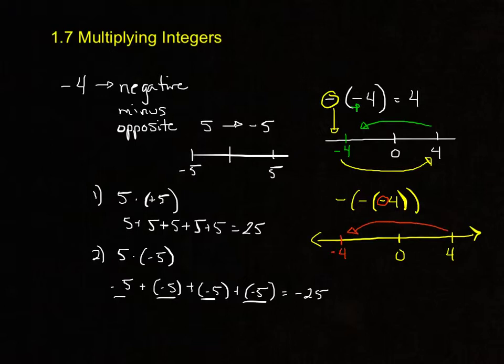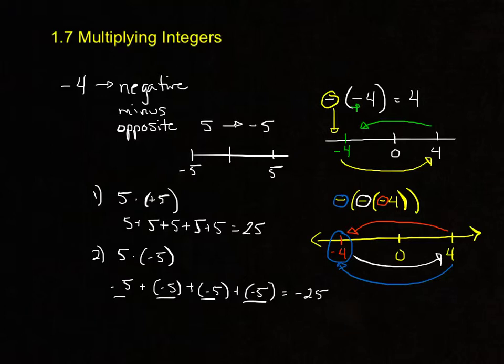And then if we do the opposite again, it tells us to go back over. Then let's say one more opposite. Well, right back. So in the end, it takes us to a negative value on the negative side of 0.